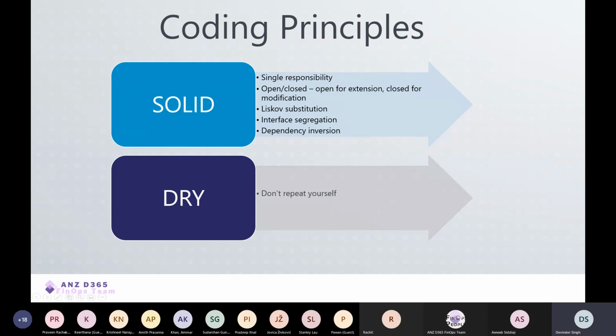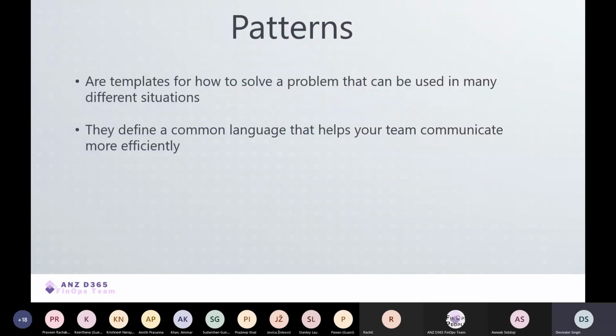After code principles, it's patterns. So what are patterns? Patterns are just templates of how to solve a problem that can be used in different situations. It helps us in avoiding some of the basic pitfalls with writing newly different functionality.